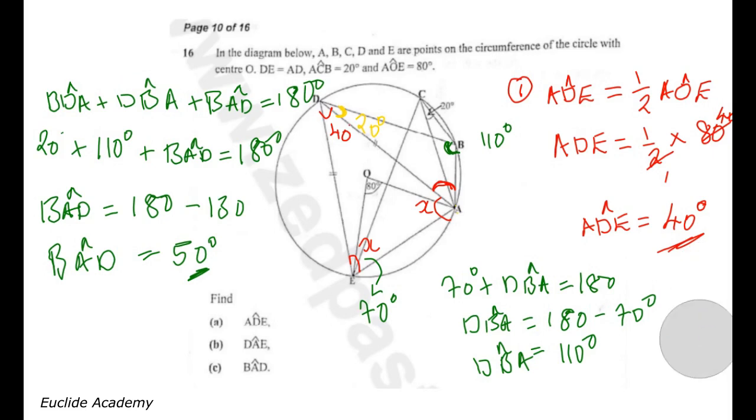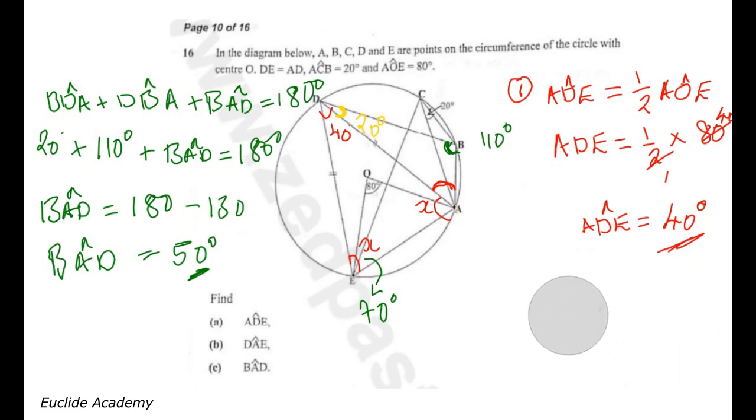And the other way you could have got this angle was by using the opposite angles of the cyclic quadrilateral. This is 40 plus 20, you get 60 degrees, right? So you can add this to here. We've got this angle right here is the one we want.